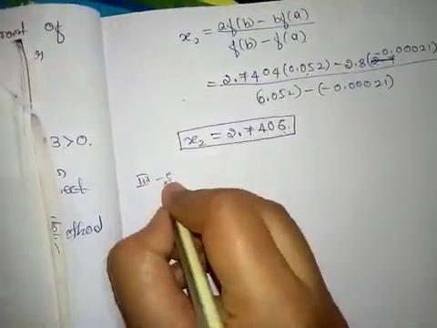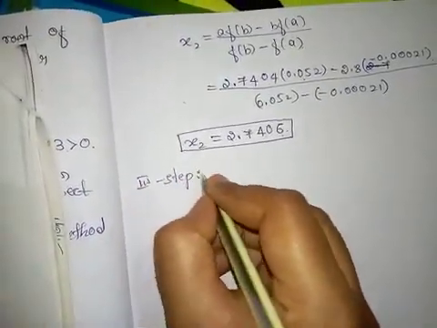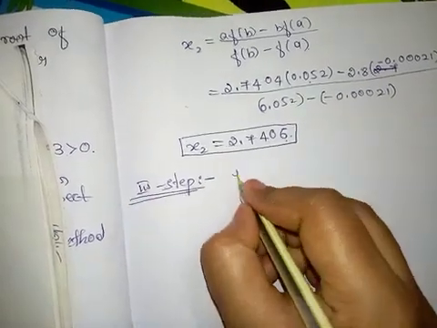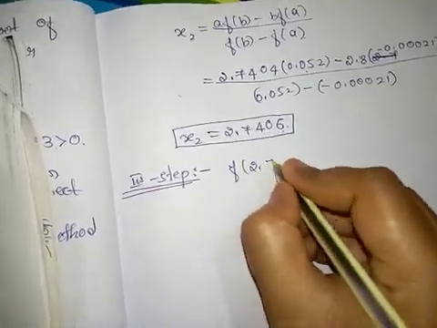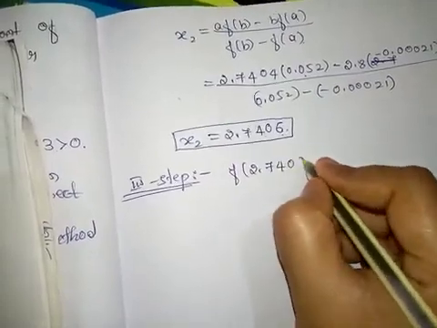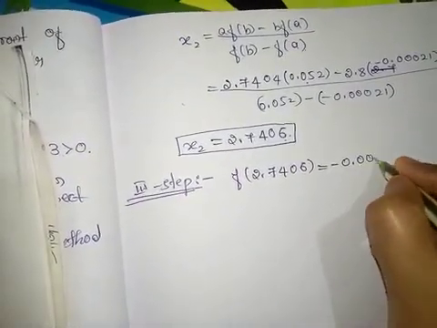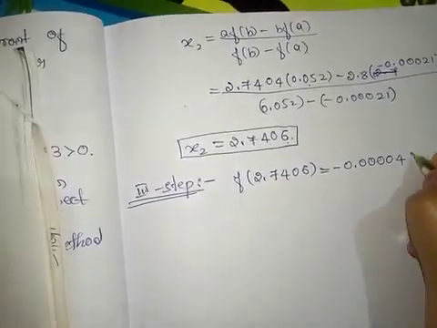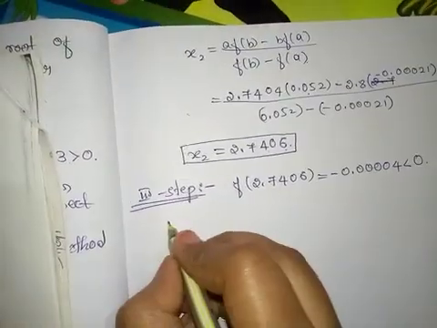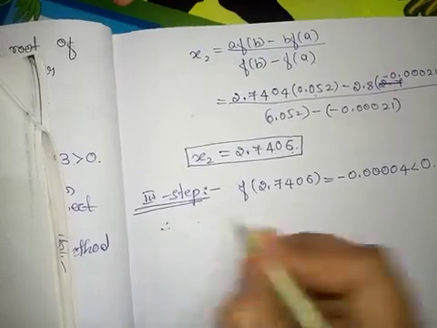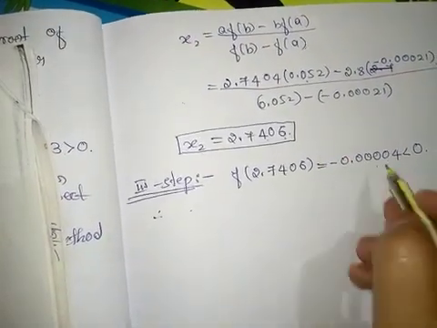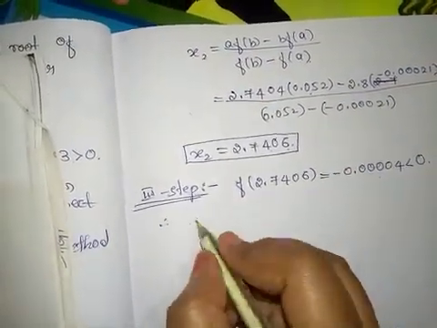Third step. Next we have to find the f of 2.7406. We get a negative value, which is less than 0. So that this is negative value. Therefore, it will be the value of f of a.